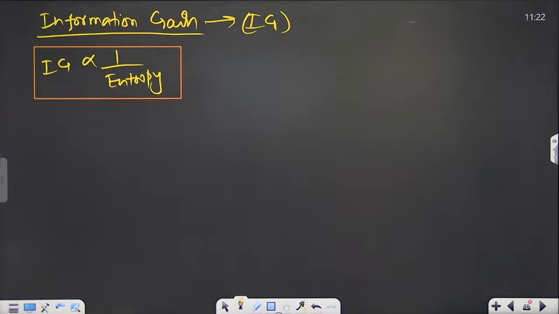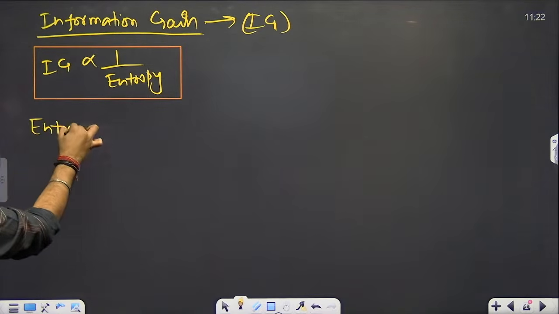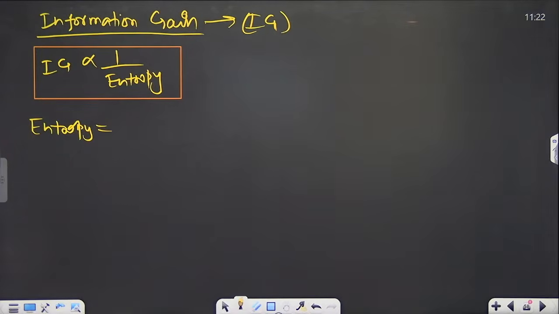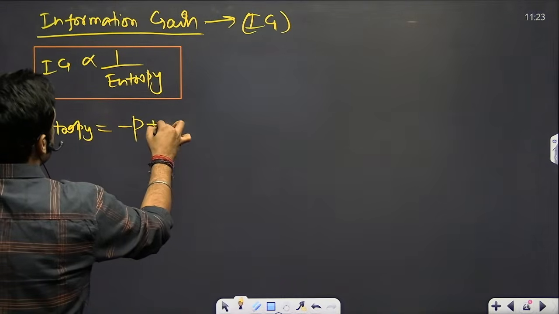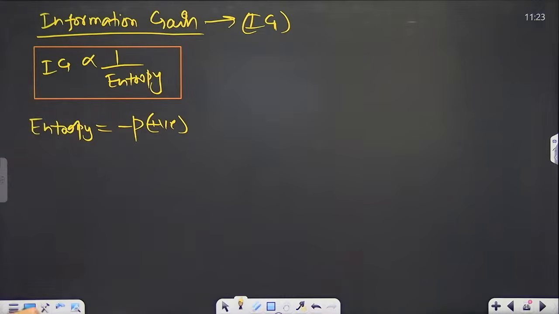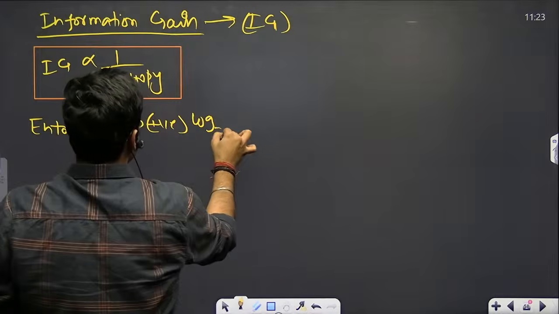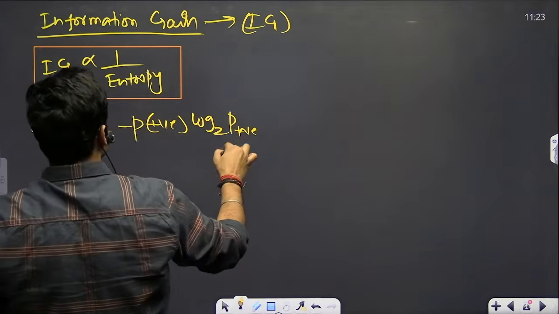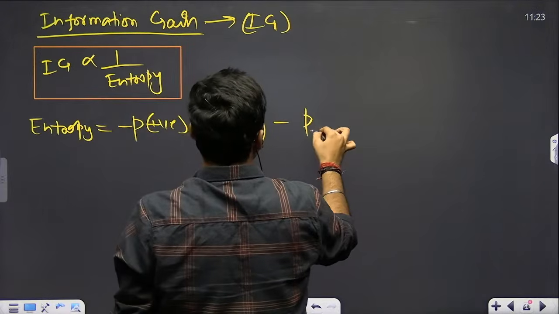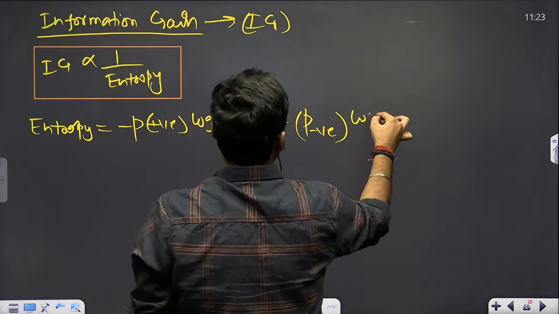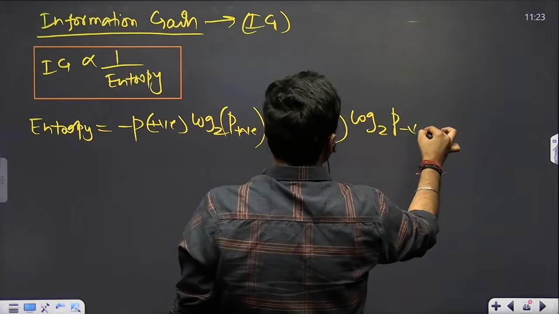And the formula for entropy, I'll calculate it using number of questions. The formula for entropy is given as minus probability of positive class into log 2 of positive class, minus probability of negative class into log 2 of negative class.